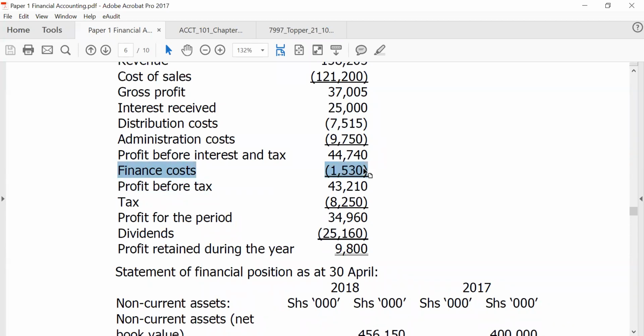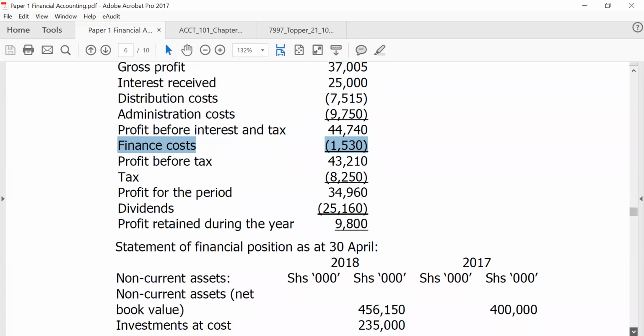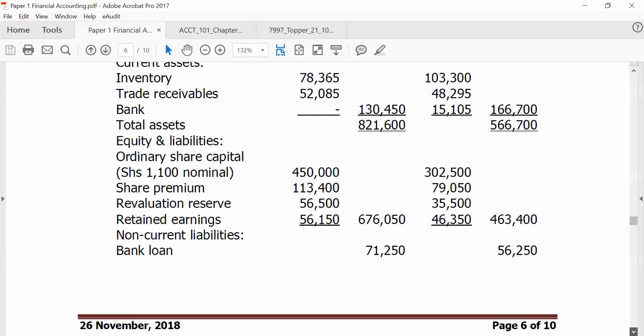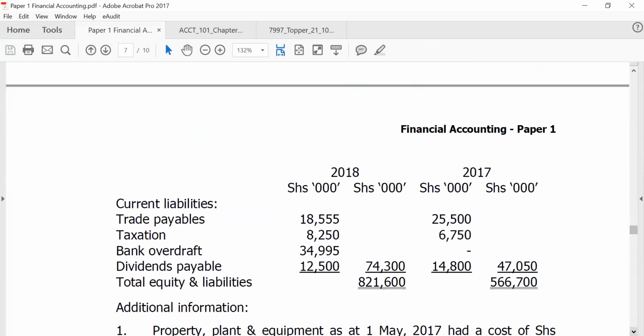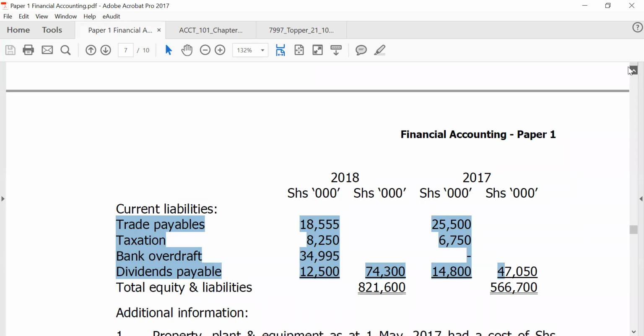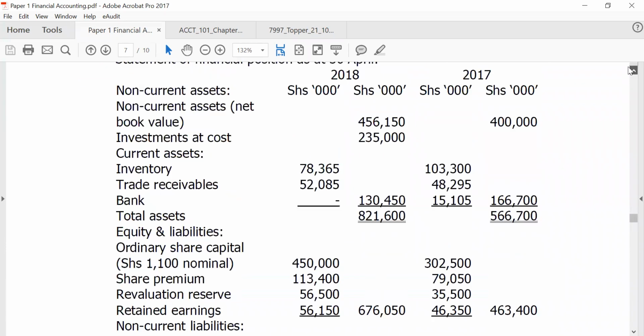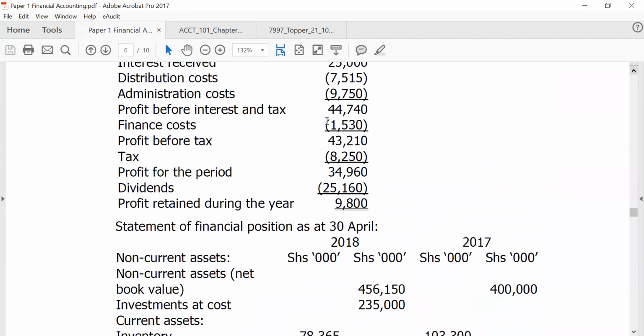This interest is interest for the year. This includes what has been paid and not paid. For you to determine what was actually paid, you look to see if you have a liability. If you don't, for example, here we don't have a liability, means that all the interest was actually paid, because this is the interest for the year.